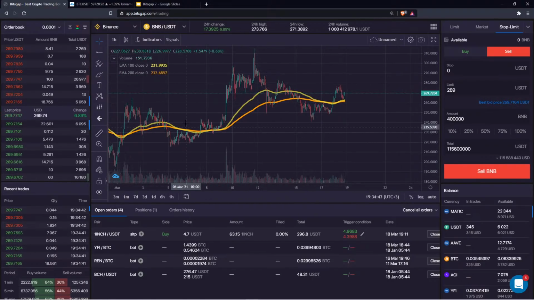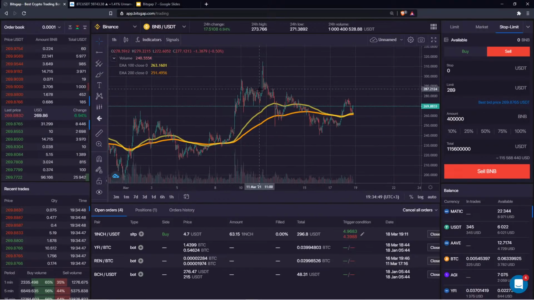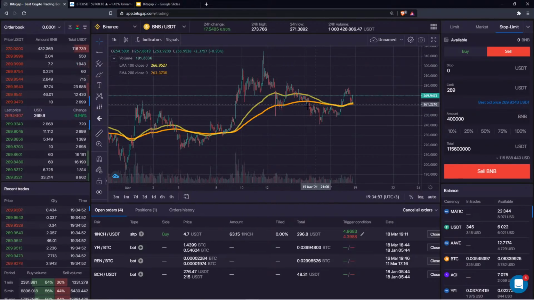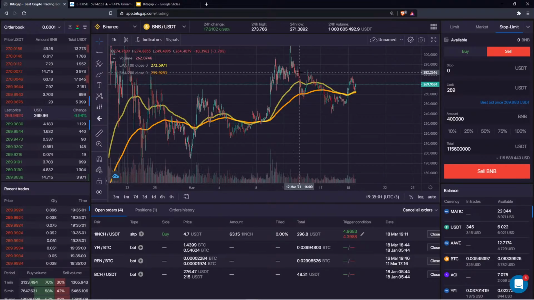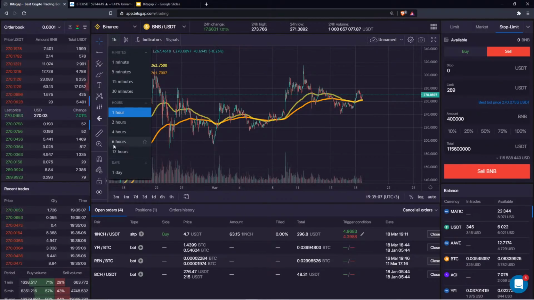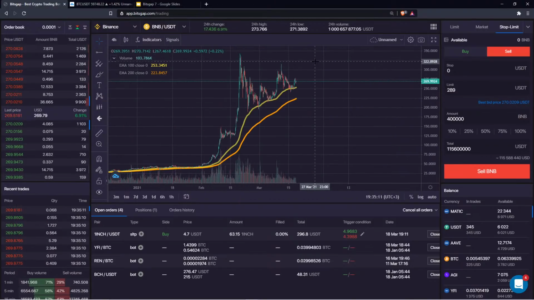Once you see the price trading above these moving averages, that's basically a strong bullish signal. Whereas when you see the price breaching and trading below the moving averages, that means the trend might be losing its upside momentum, and it might be the scenario of a further downfall.